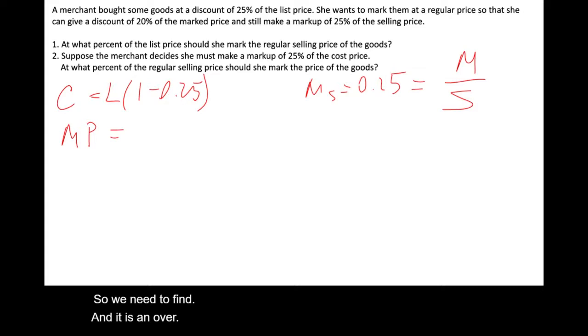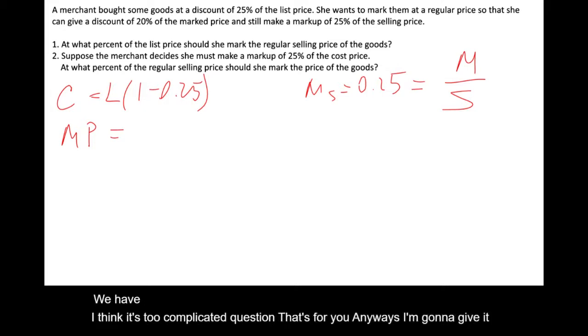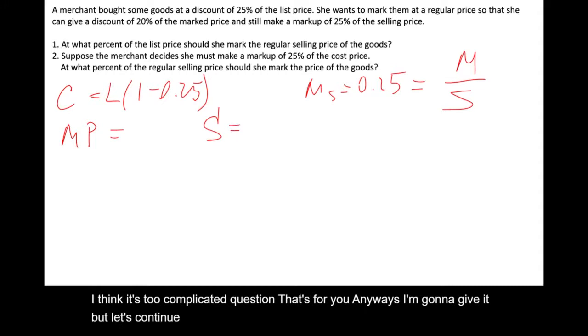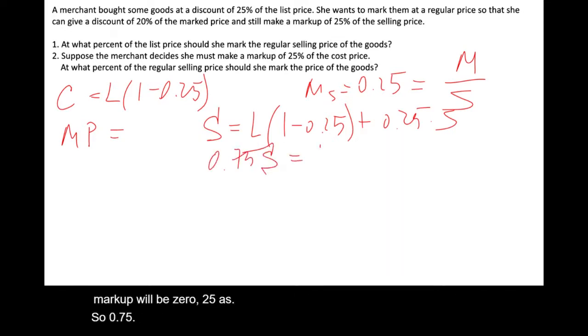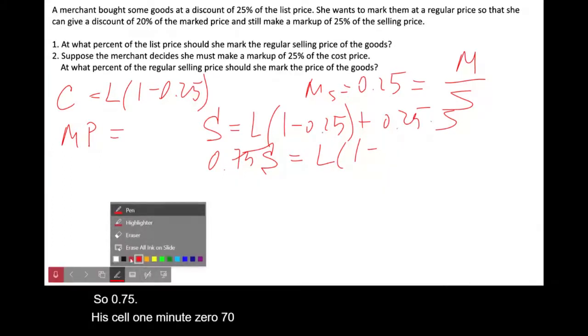So now we have, I think it's too complicated a question for you anyways. I'm not going to give it, but let's continue. S is L1 minus 0.25 plus markup, which will be 0.25 S. So 0.75 S is L1 times 0.75.